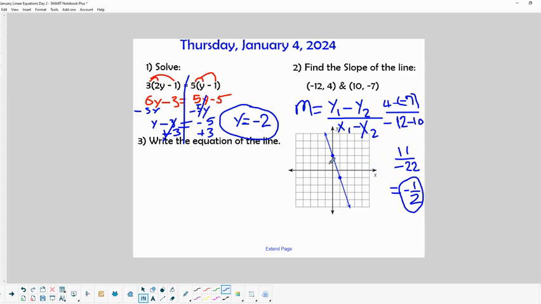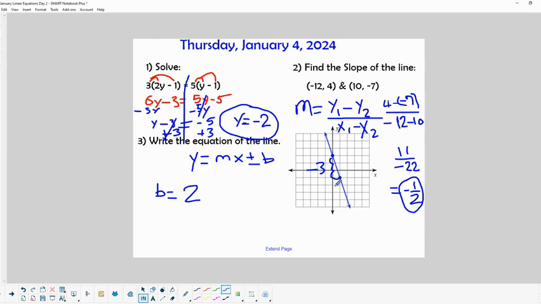All right, now this next one, we're supposed to write the equation of a line. And what we're talking about is y equals mx plus or minus the y-intercept, b. Well, in this case, we can see that the line crosses the y-axis, or the y-intercept is at positive 2. Then when we look for the slope, we see that the rise is actually a fall.